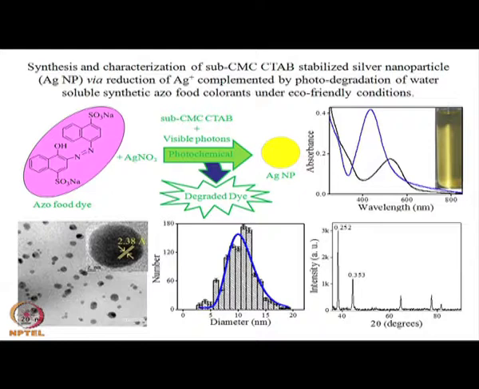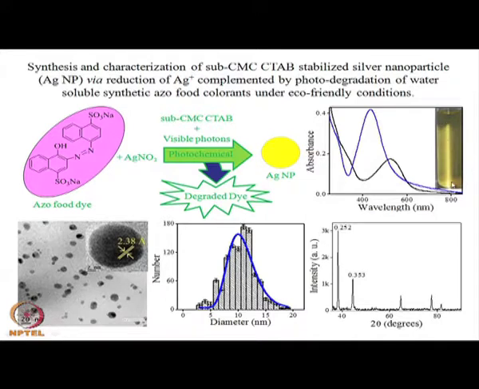Because of this photochemical reaction, the dye is degraded, so it is environmental remediation as well. In addition to the formation of nanoparticle, this dye is also degraded. So you have this dye, then silver nitrate and sub CMC CTAB, you add them and irradiate with visible photon, and you generate this nanoparticle.